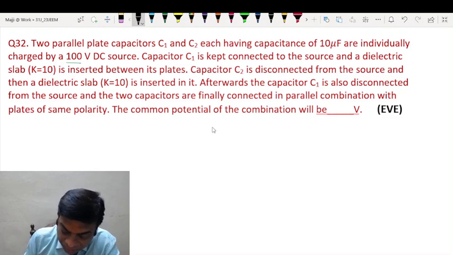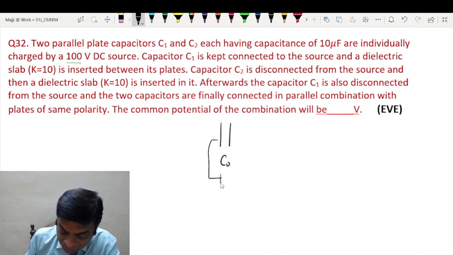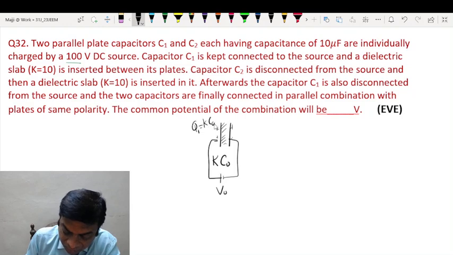So here you see in the beginning, let us say the capacitance was C0, and the DC source was connected. The voltage of the DC source was V0. And the dielectric slab was inserted. So the new capacitance will be K times C0, and the charge will be K C0 V0.